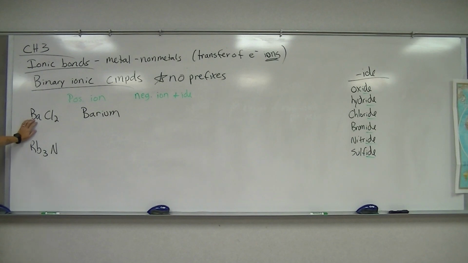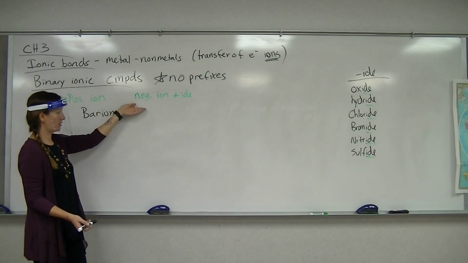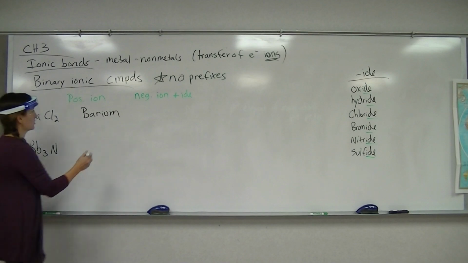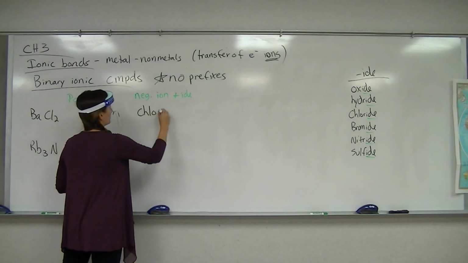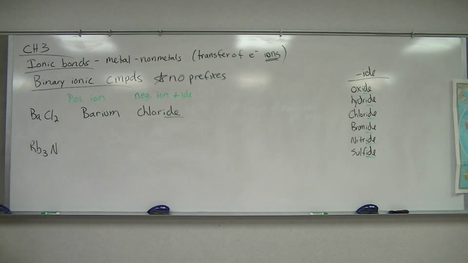So that's the metal portion, right? Cl, that's chlorine. Okay, does it matter that there's 2 of them? Not to name it. It doesn't. I'm not going to do dichlorine. Okay, so no more prefixes. So chlorine is the negative ion portion or the nonmetal portion. So we need to add an IDE ending to it. So chlorine becomes chloride. That's it. It's named.